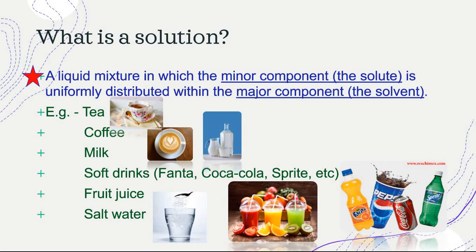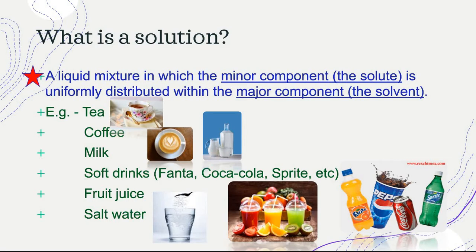A solution is basically made when you mix something in higher amounts, which acts as the solvent, and something in lower amounts, which acts as the solute, and get a mixture in liquid state. So basically that is what a solution is.